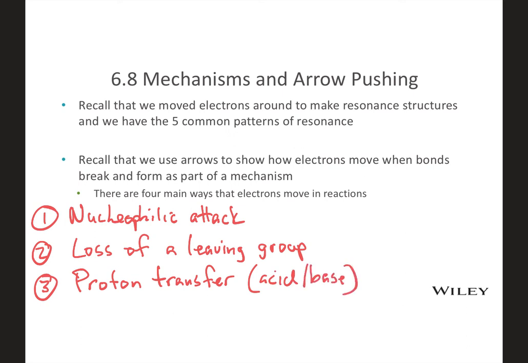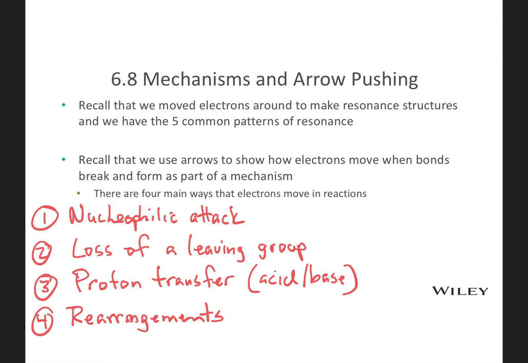So proton transfer. And then the last common type of reaction mechanism move we can make in organic chemistry would be what we will call a rearrangement. Now, there are different kinds of rearrangements that happen in organic chemistry.